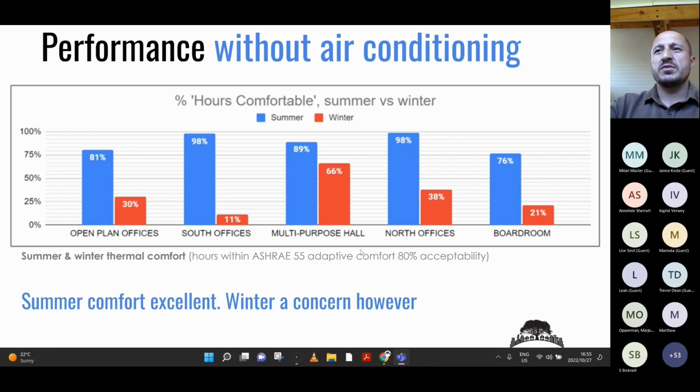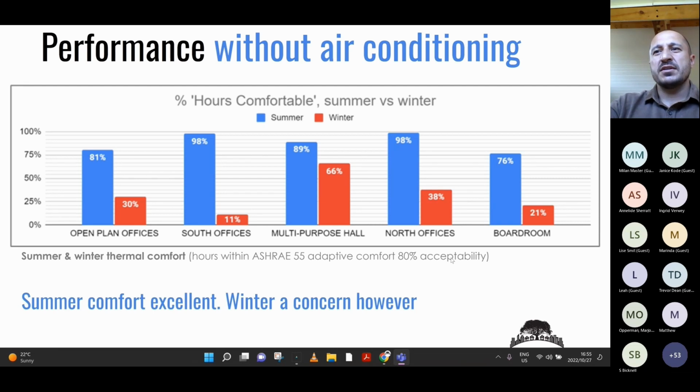There were a couple of areas where we could optimize shading a bit better, boardrooms or open plan offices, but in general, this building doesn't need cooling. As Chilu pointed out, heating is the issue once you've shaded your building properly. So if we can deal with the shading, we remove the cooling completely.